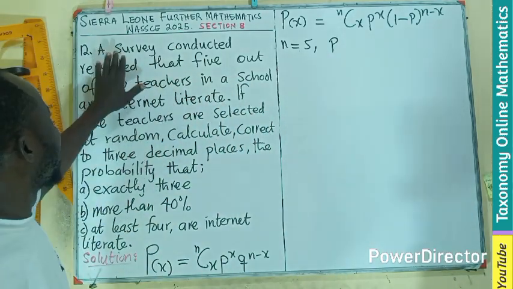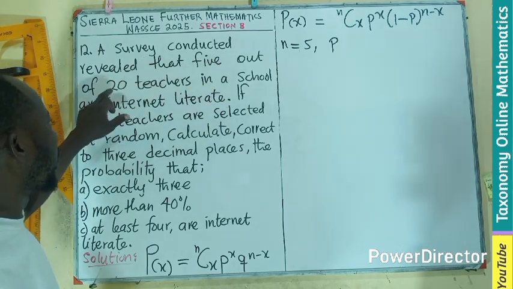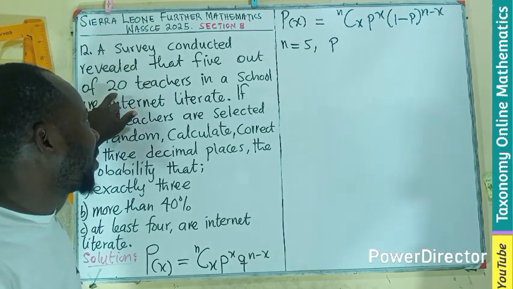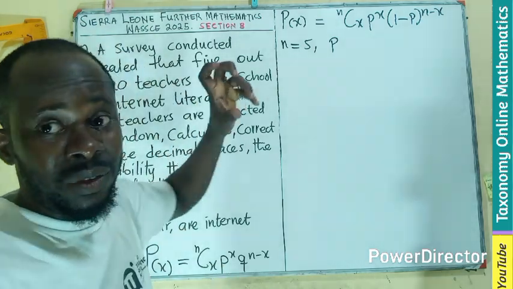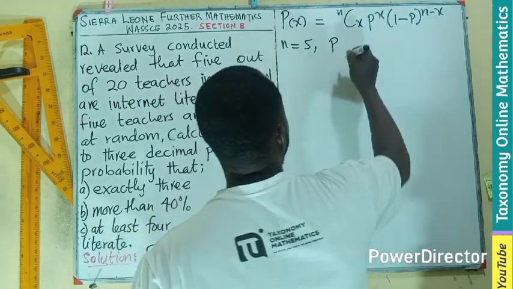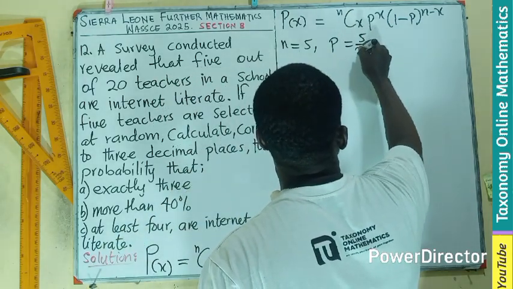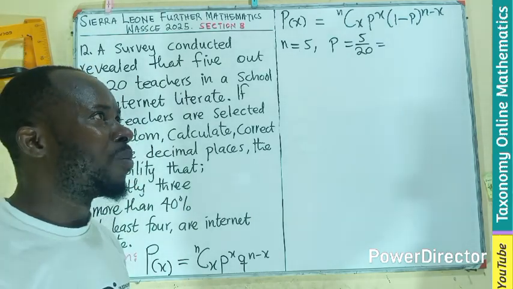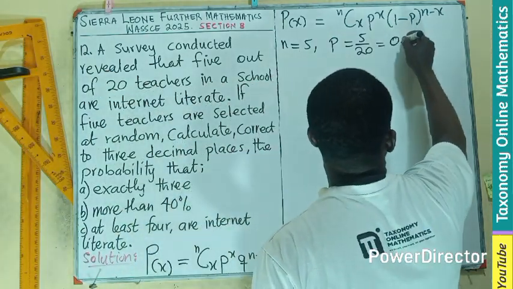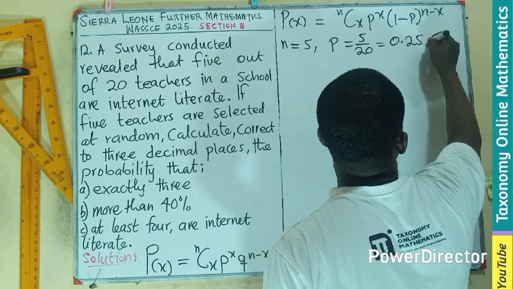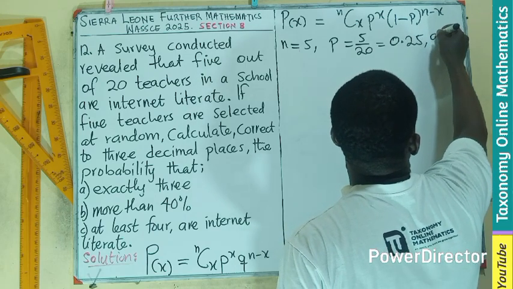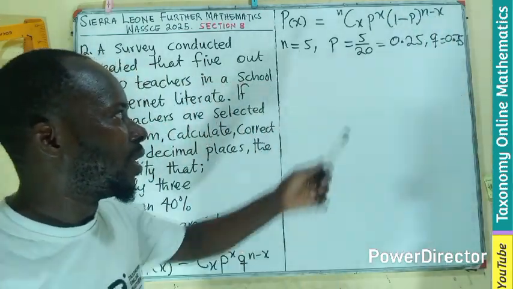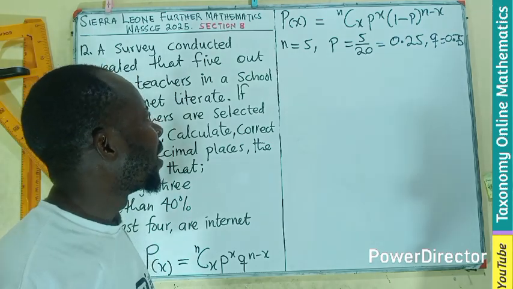The survey revealed that 5 out of 20 teachers, so the probability of success is 5 out of 20, event of 5, sample space of 20. That is 1 over 4, which gives us 0.25. So your q will be 0.75, that is 1 minus p gives you the q.